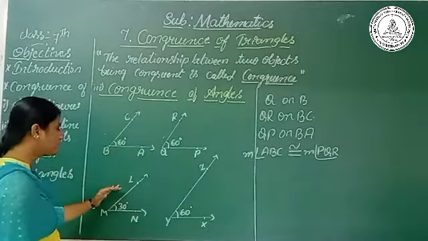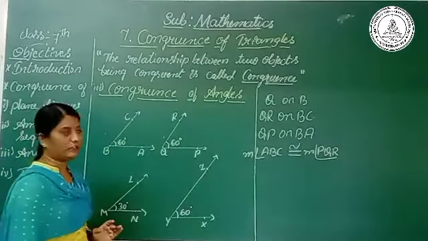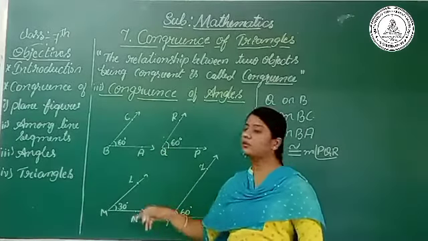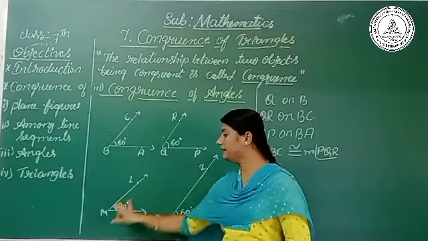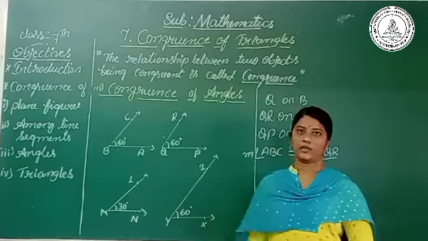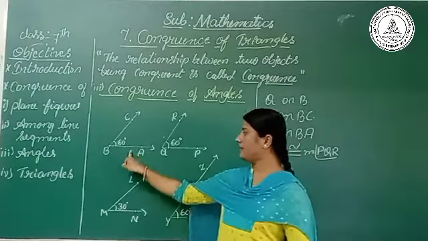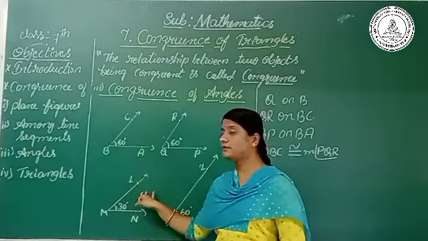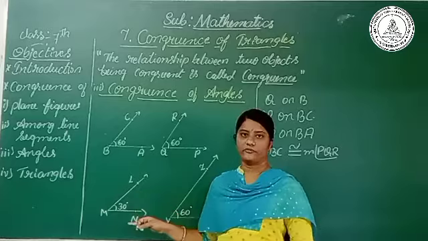The measures of these two angles are not equal. Hence we can say that angle ABC is not congruent to angle LMN, because the measures of these two angles are different.